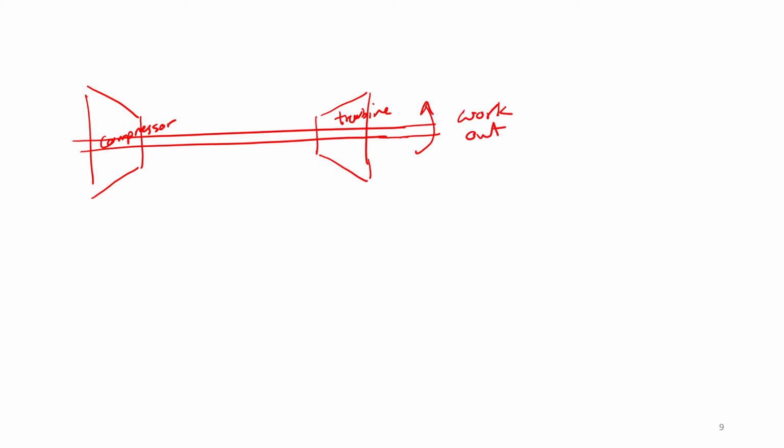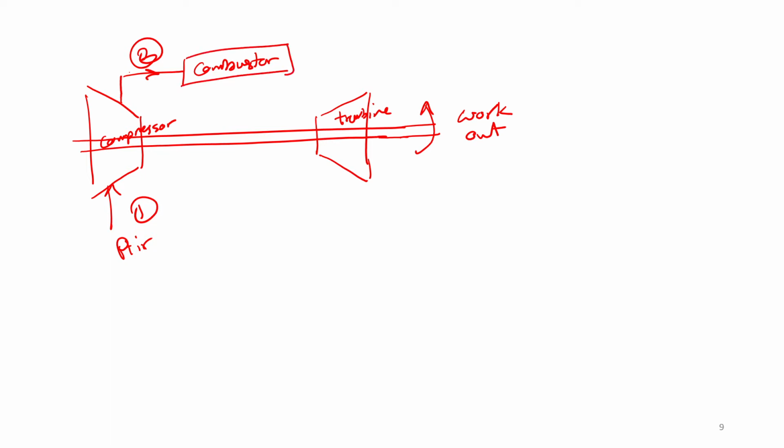You have air coming in. That's the first point of the cycle. Fresh air is compressed in the compressor, then goes to the combustor, to which the fuel is added as well, and you will have combustion.